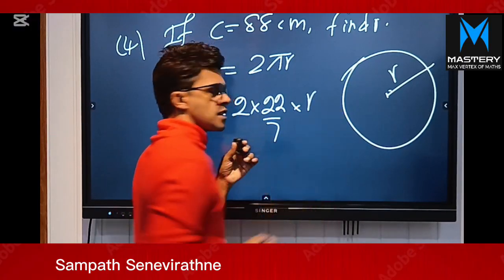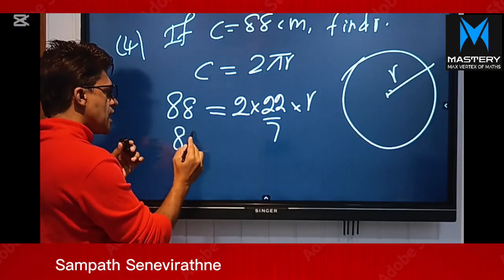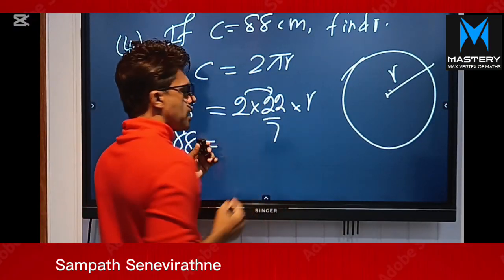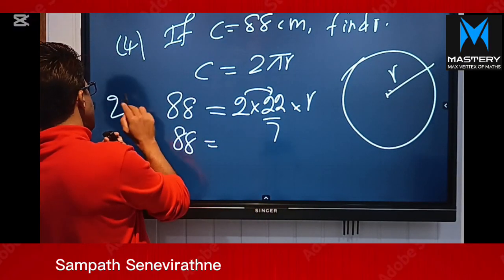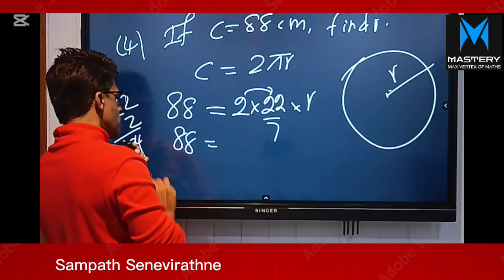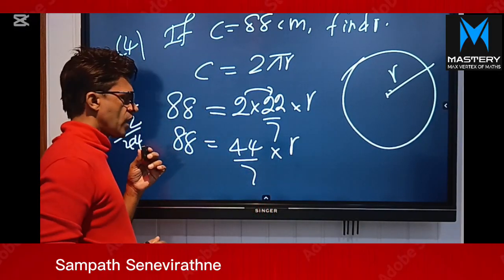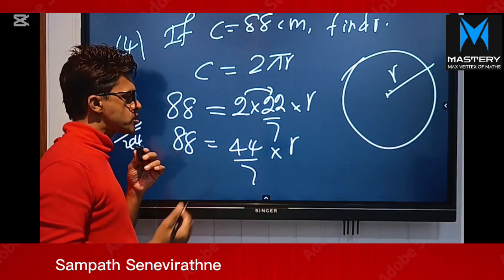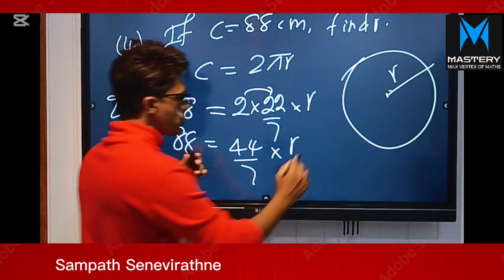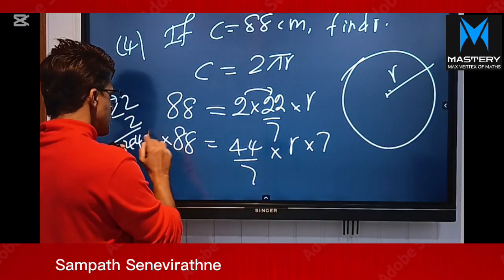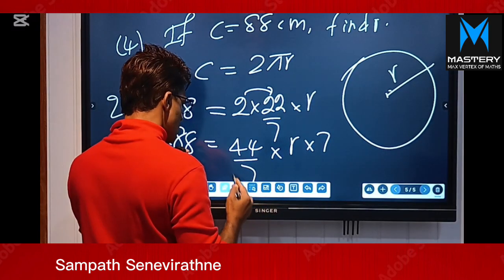Multiplying 2 and 22 gives 44, so 88 equals 44 over 7 times r. Now multiply both sides by 7, like we did in the previous question.